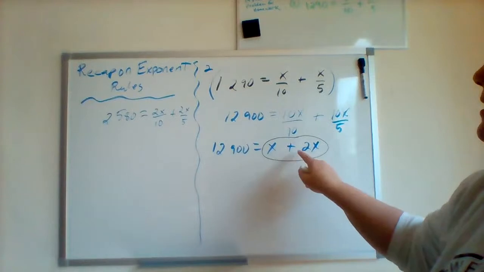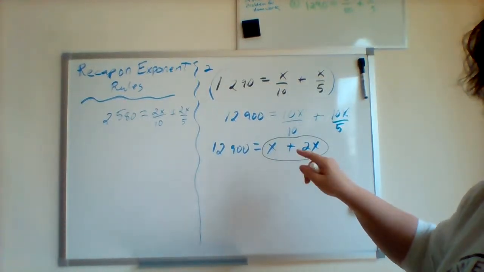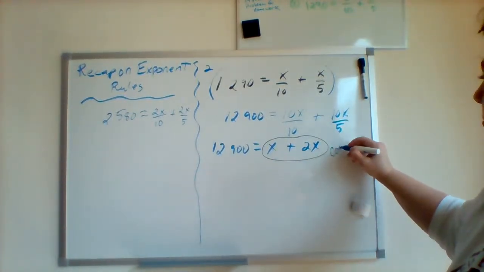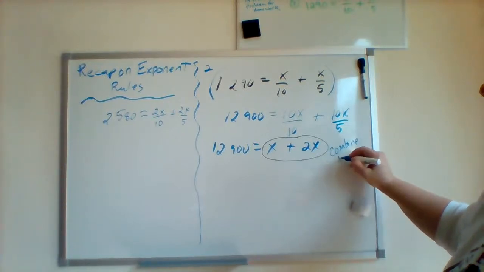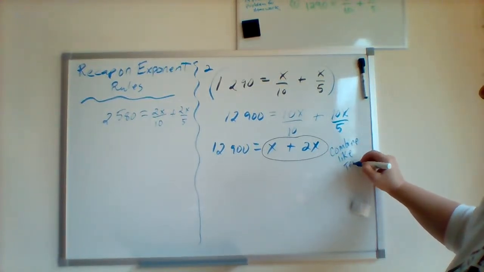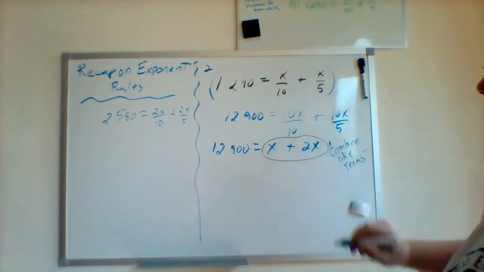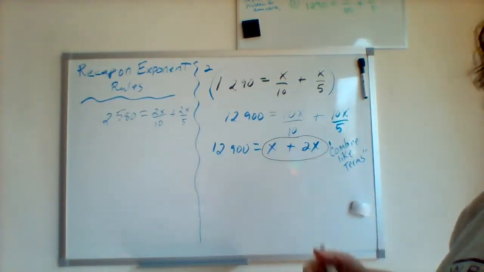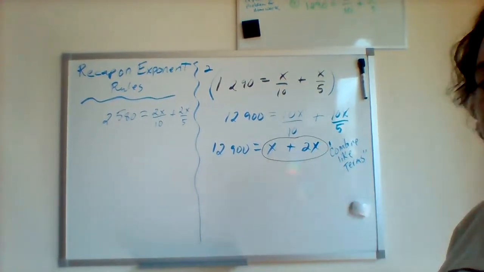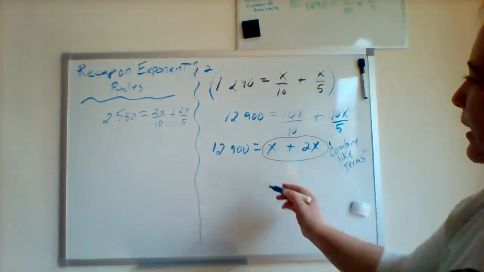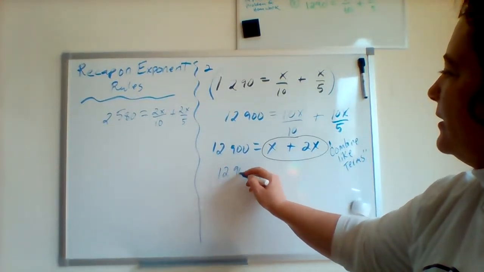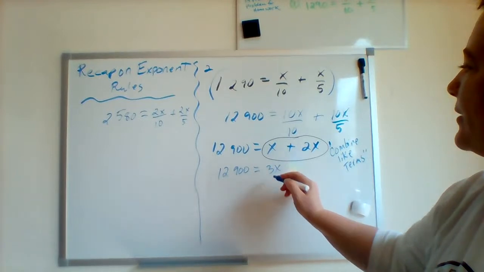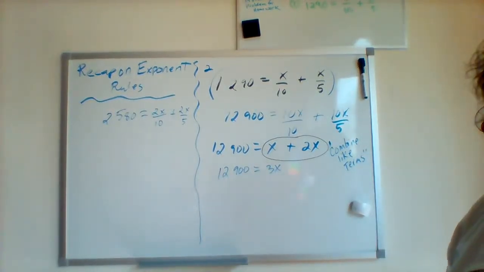If over here, we have an opportunity to do this, combine like terms. That's what we say usually in math when the bases are the same like this. We're just going to work with the coefficients. So 12,900 equals 3x. Okay, what's the next step?